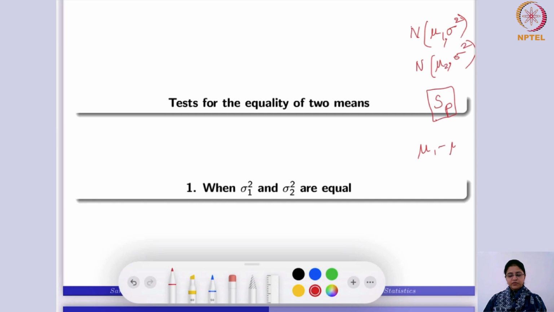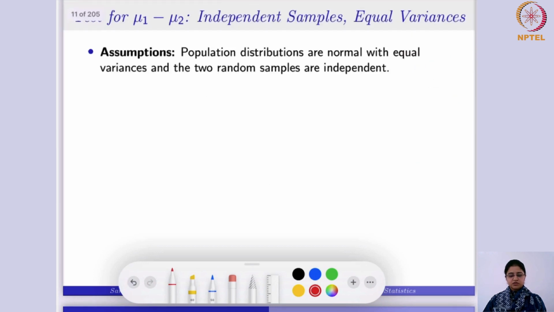So we are interested to test a claim that is made for the difference of these two population means. You have two different populations, you are taking two independent samples from them, such that their variances are the same, then you want to test the claims about the difference of the two population means. So let us look at what is the test.